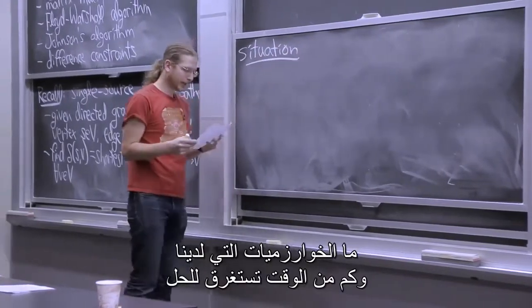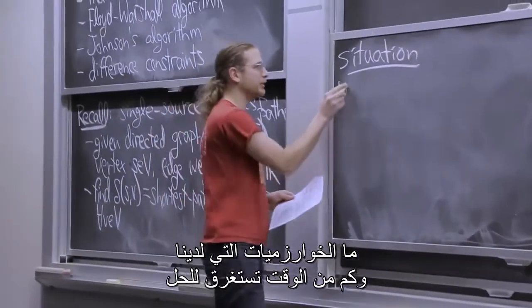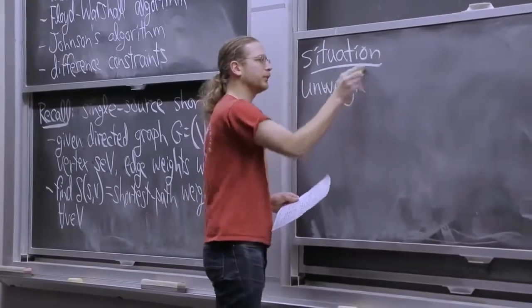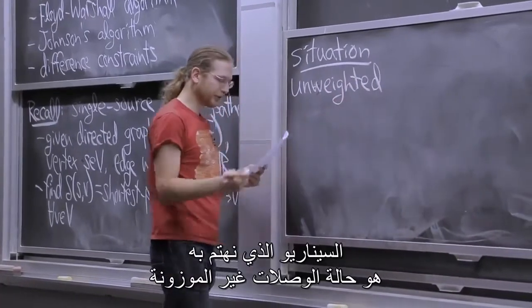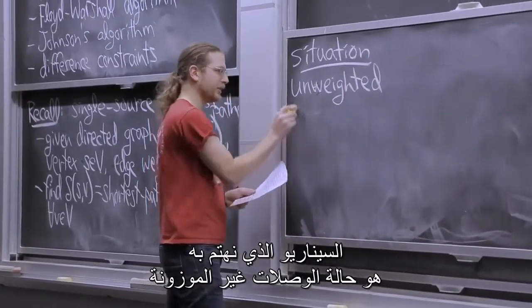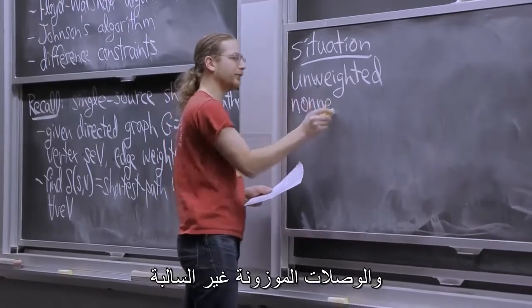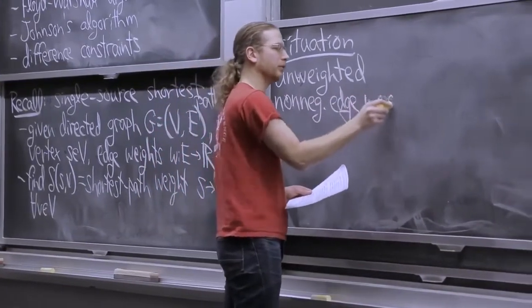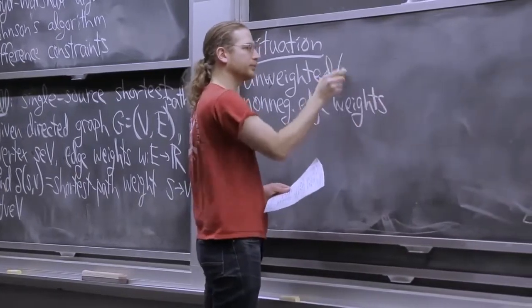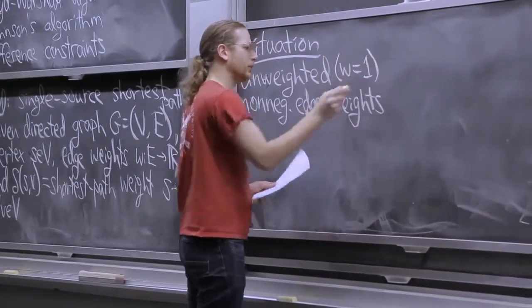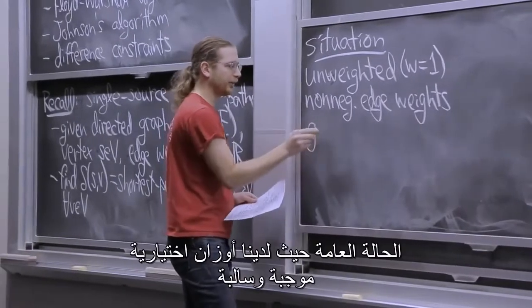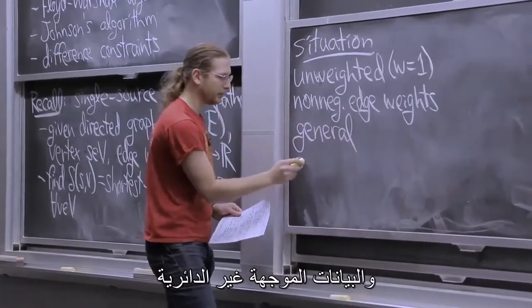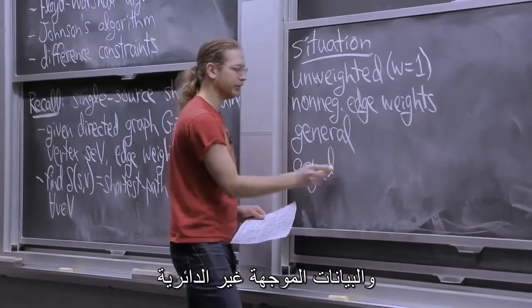So let me remind you, in a few different scenarios, what algorithms we have and how long they take. The scenarios of interest are the unweighted case, the non-negative weighted case, the general case with arbitrary weights, positive and negative, and DAGs, acyclic graphs.